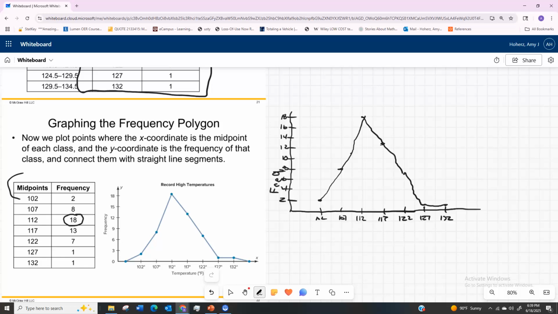Okay, so we connect those dots, but we're not done yet, because the reason this is called a frequency polygon is because we want to make a polygon. So if you think back to geometry class, make your geometry teacher proud. A polygon is a many-sided figure made up of line segments, but it's also closed. For instance, we wouldn't say that this 3-sided shape is a polygon because it's not closed.